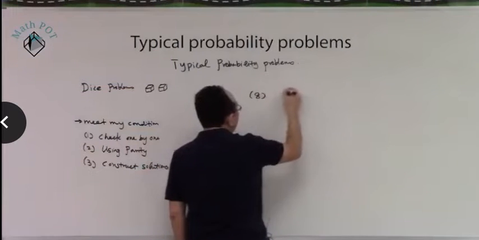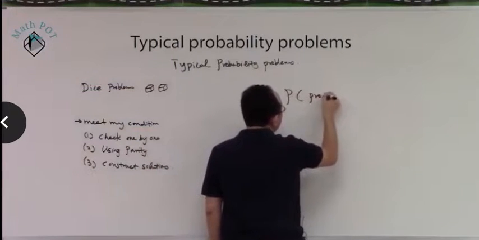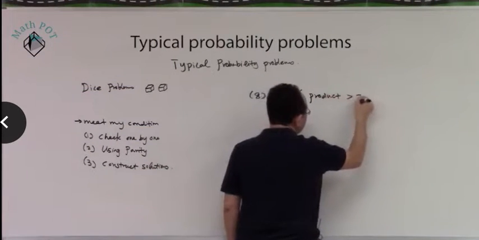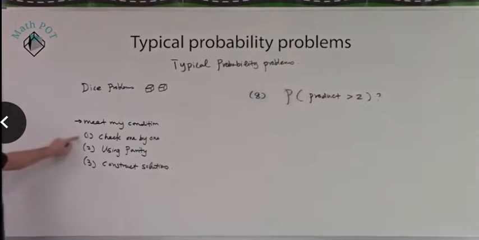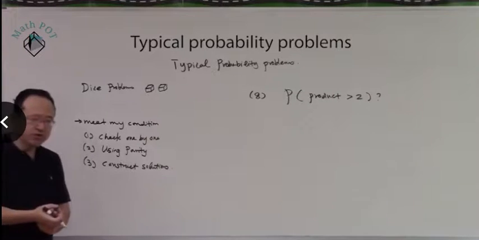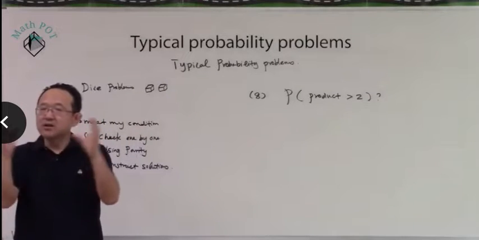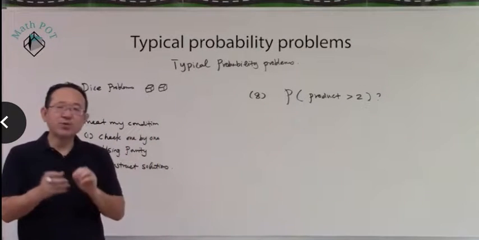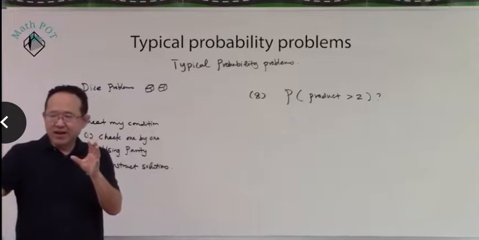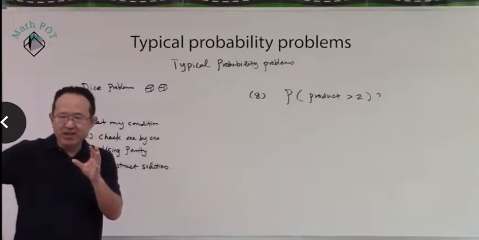So next one, what is the probability that the product of those two numbers is greater than 2? You can check one by one. Of course, no way we can use parity for this one. You could try to construct a solution, but you can clearly feel there are a lot of answers, because two numbers multiplied together, greater than 2, and 2 is a very small number.